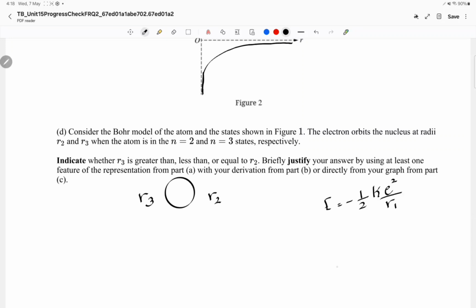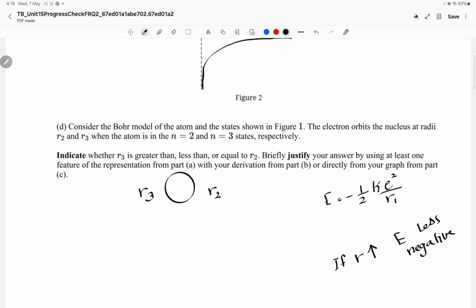Okay, so if the r is larger, what happens to the E? If the r1 is larger, does the E become less negative or more negative? Less negative. Shall I explain to you why?